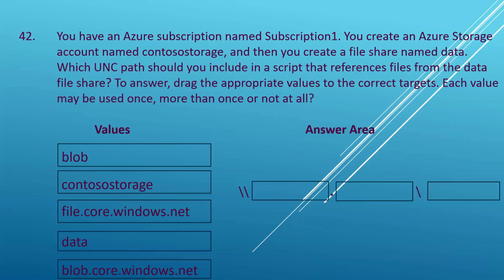The UNC path format is \storage account name dot file.core.windows.net\file share name. Remember, this is the UNC format. In this question, the storage account name is Contoso storage and the file share name is data. So the answer is \Contoso storage dot file.core.windows.net\data. You have used 3 values out of the 5 available ones, and none of them is repeated in this case.